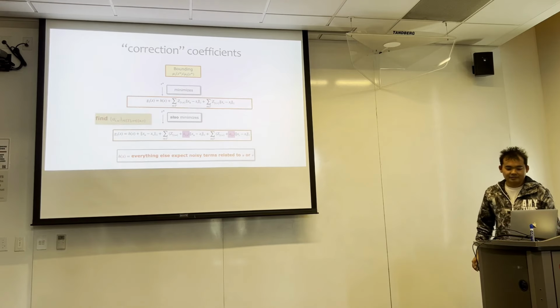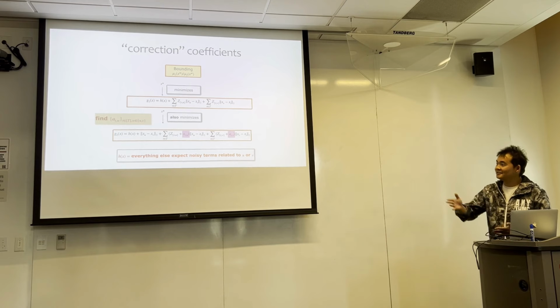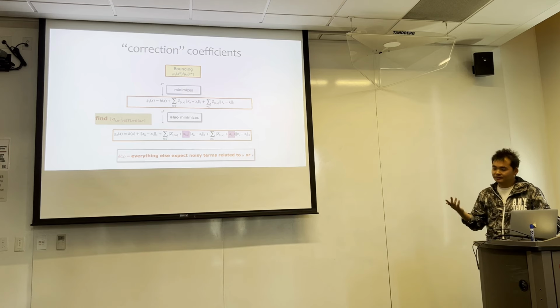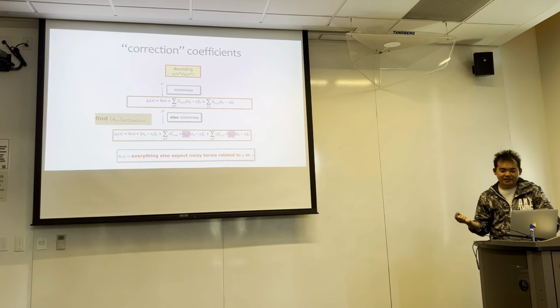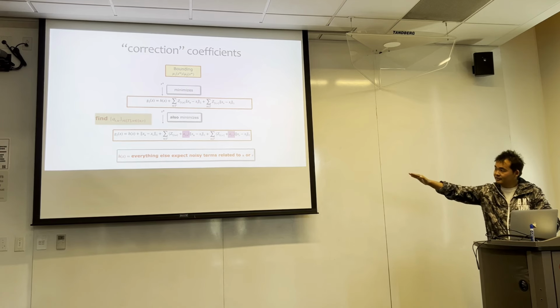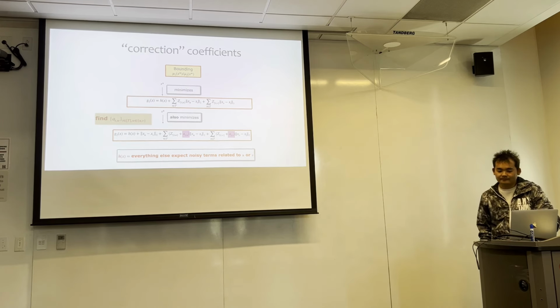Okay, so suppose X star minimizes the function for G1. The main idea of our so-called correction coefficients is to show that I can always find a series of coefficients A_tw such that if I shift the noise according to these coefficients, then X star also minimizes G2, with this extra term S_u minus S_v.